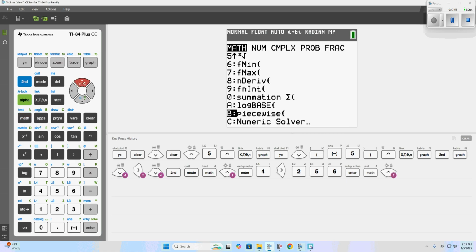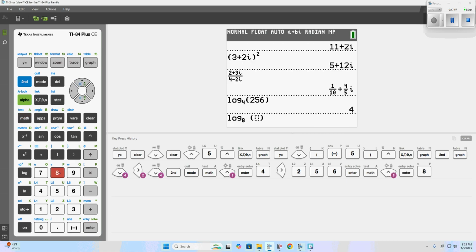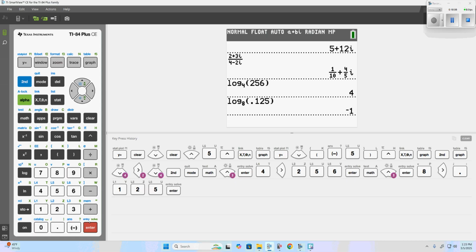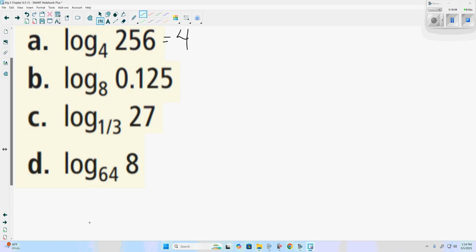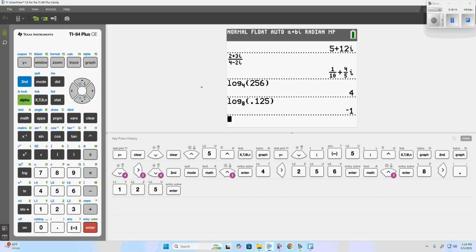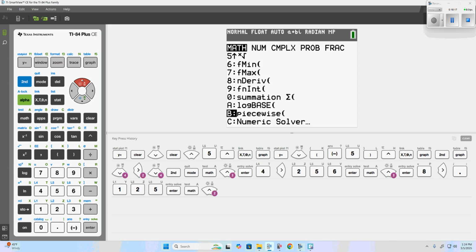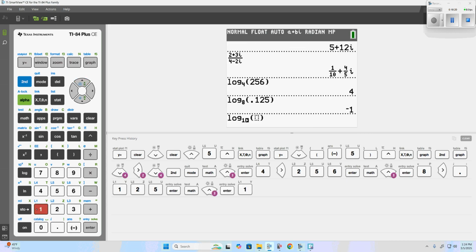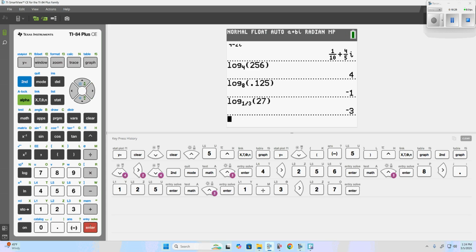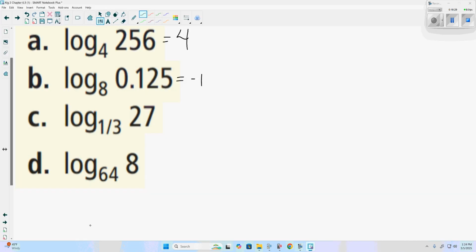Math, log base 8 of... Math, log base 1/3, 1 divided by 3, of... is... JB's got a question.